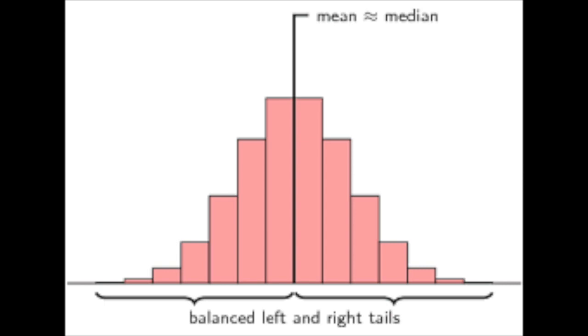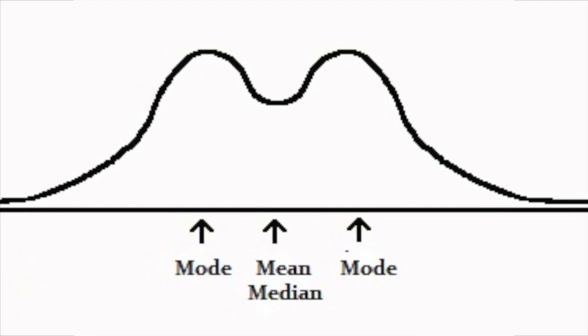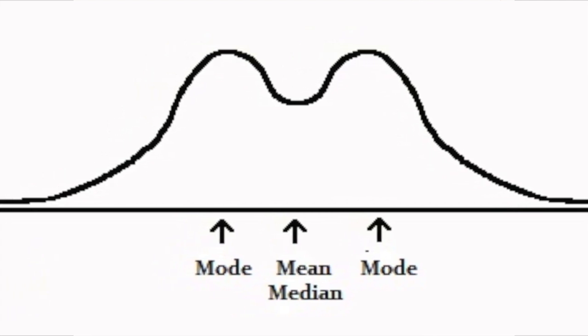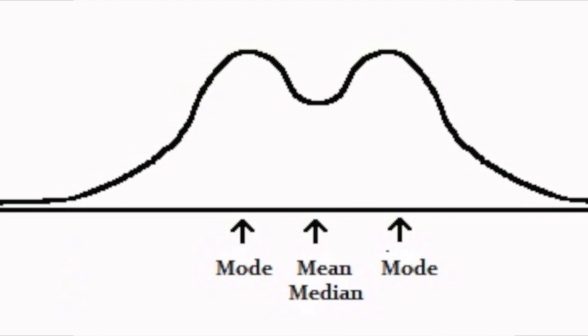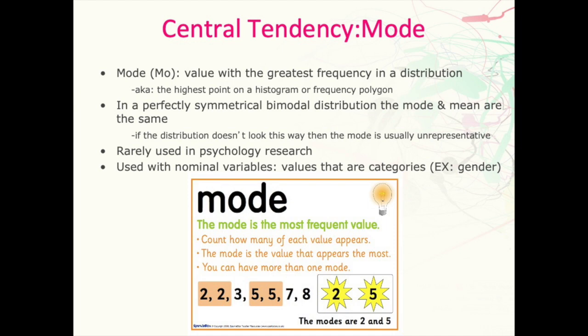In a perfectly symmetrical bimodal distribution, so when it has two data points that are clearly scoring more than any other, the mode and the mean are going to be the same. If the distribution doesn't look this way, then the mode is usually not representative of that data.